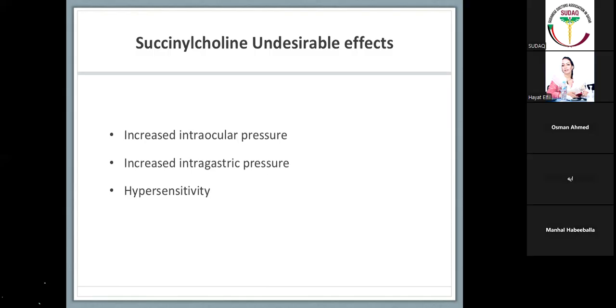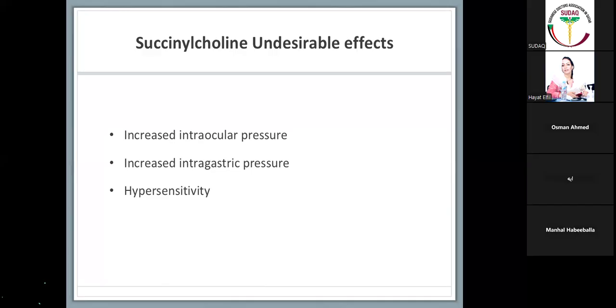However, succinylcholine causes a type 1 IgE-mediated hypersensitivity reaction, and in the literature it contributes to 50% of the hypersensitivity to muscle relaxants. Other non-depolarizing agents also cause anaphylactoid reactions. So these are the side effects.